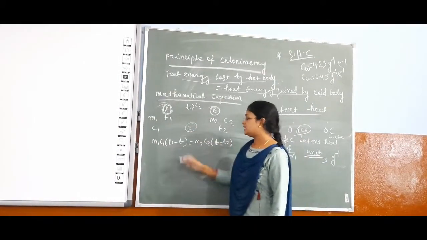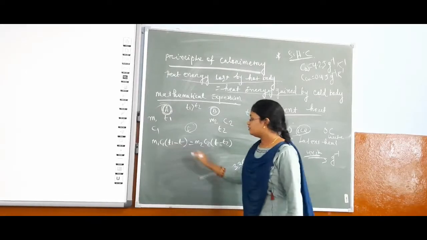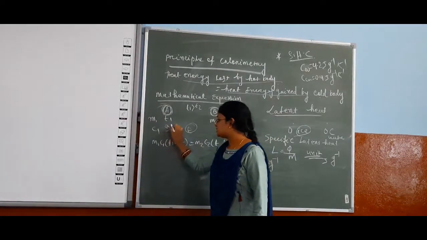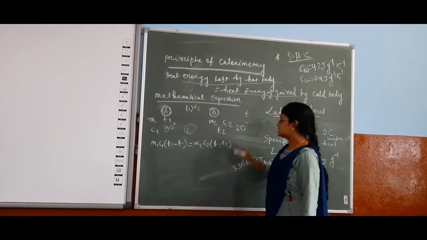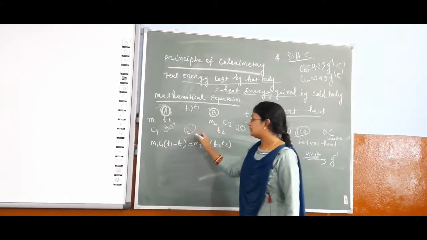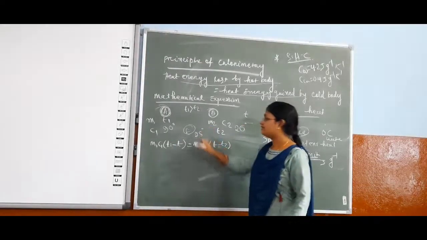Suppose I give you one example. Suppose this temperature is 30 degrees Celsius and this temperature is 20 degrees Celsius. When I mix, the mixture temperature is 25 degrees Celsius.